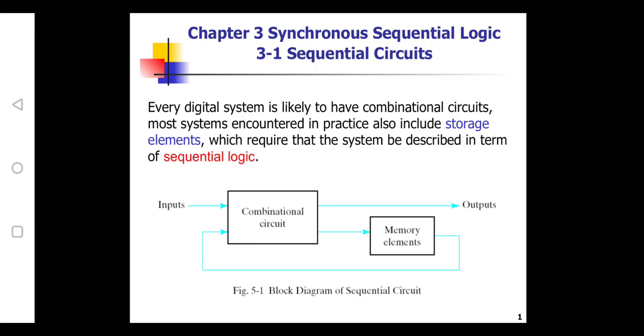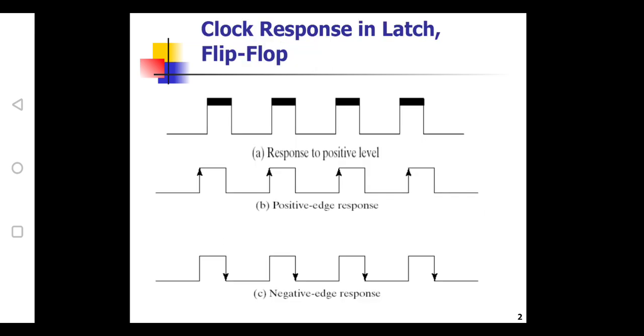The basic difference between a latch and a flip-flop is the external triggering pulse which we apply. So let us see the basic difference between a latch and a flip-flop with respect to the external triggering. If we observe the waveforms, the first waveform is used whenever we use a circuit as a latch. In case of a latch, the output changes whenever the input is at the positive level or negative level.